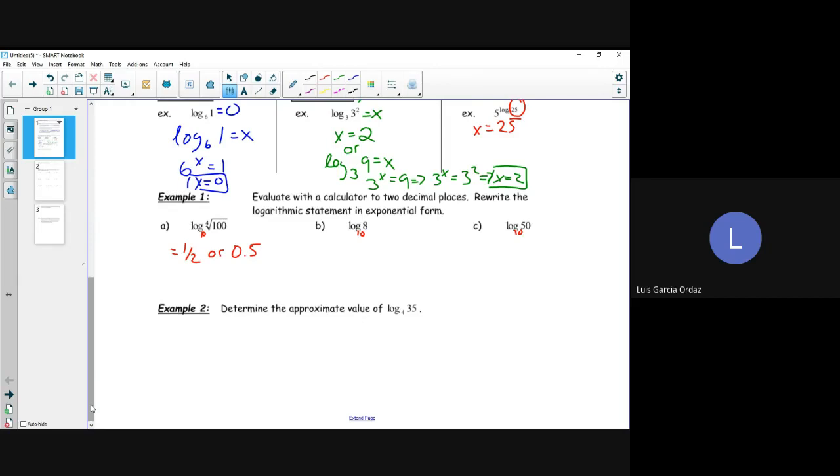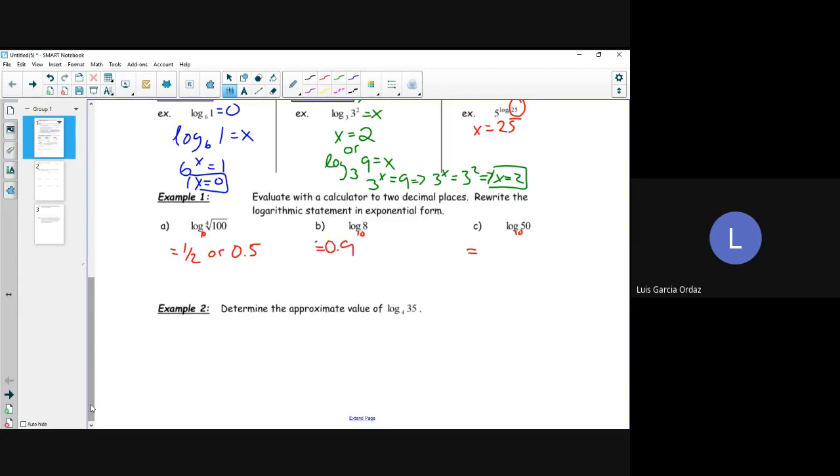Okay, can somebody do the next one for me? Log base 10 of 8. So we get approximately 0.9.